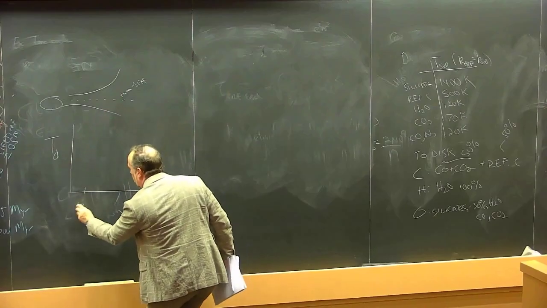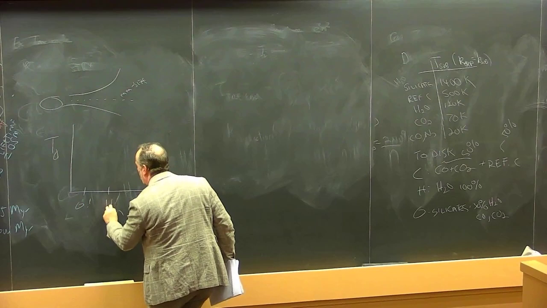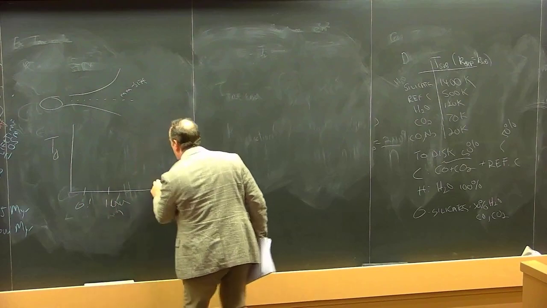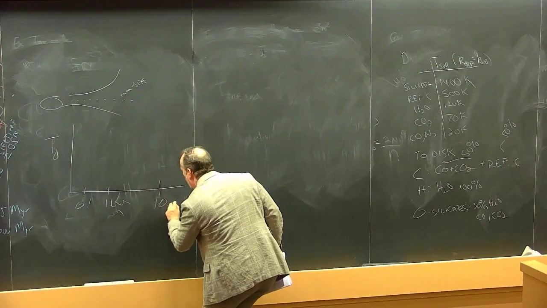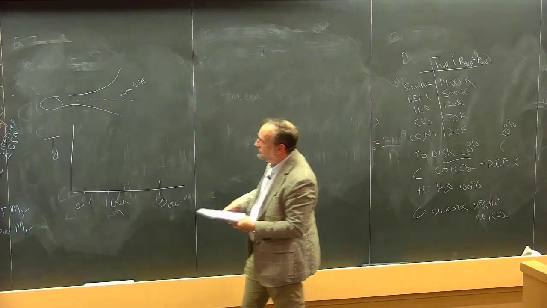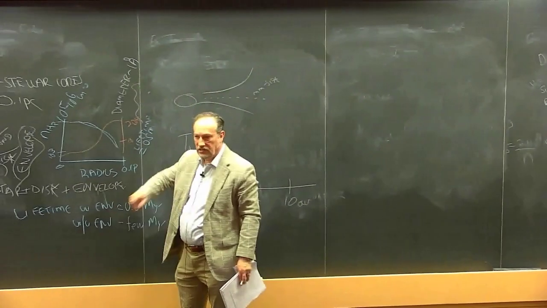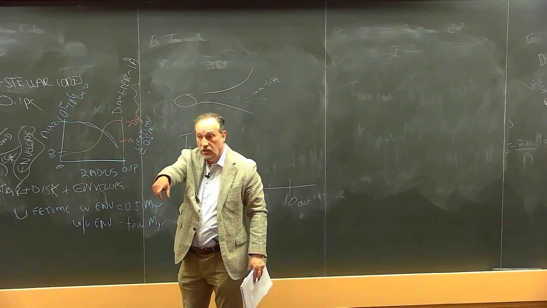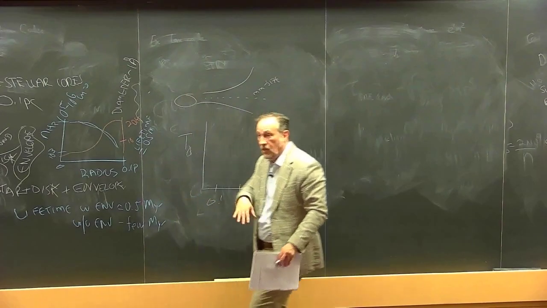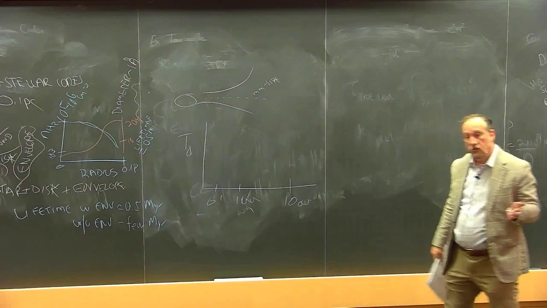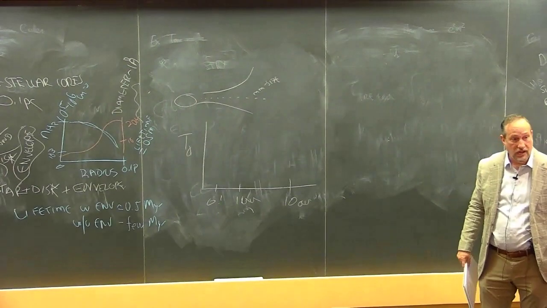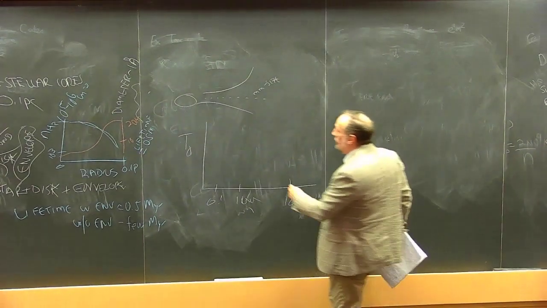Here we are. This will be 1/10 of an AU. This is about 1 AU. Maybe this is 10 AU. And it depends whether the star is accreting. So that's the gravitational energy release or not. All right? So if the star is not accreting, we're in what's called the stellar radiation dominant regime.